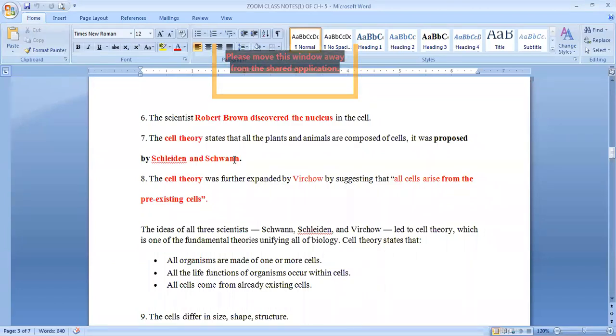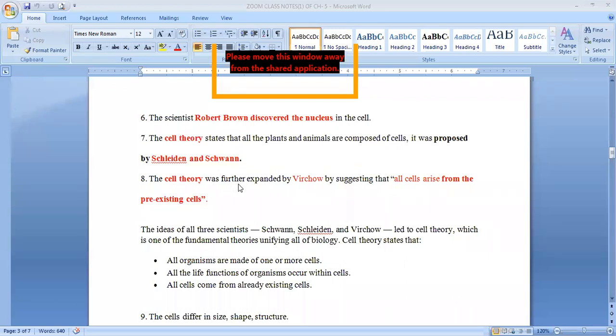But in the starting, this statement was given by two scientists, Schleiden and Schwann, right? And this statement is known as the cell theory because this statement was about the cell. That's why the name cell theory was given to it, right?